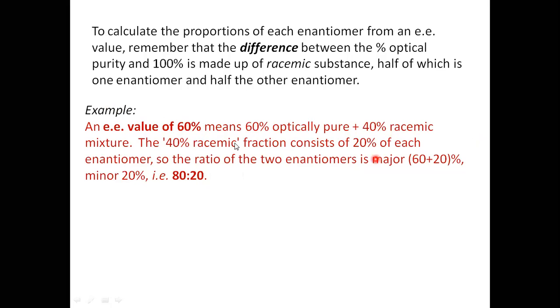The 40% should be divided into two isomers because we have two isomers. So that will be 20%, 20%. We add one more 20% to the 60%, that becomes 80%, and the other will be 20%. So the ratio of proportions of enantiomers will be 80 to 20.